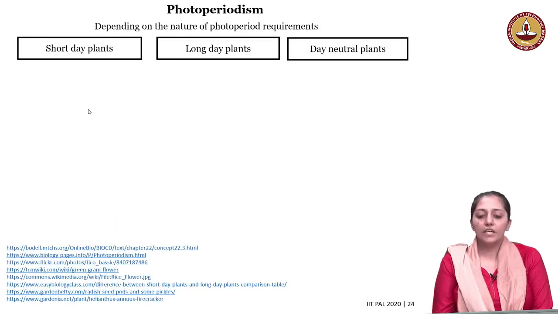Now, depending on the nature of the photoperiod requirements, we can classify plants into three types: short day plants, long day plants and day neutral plants.